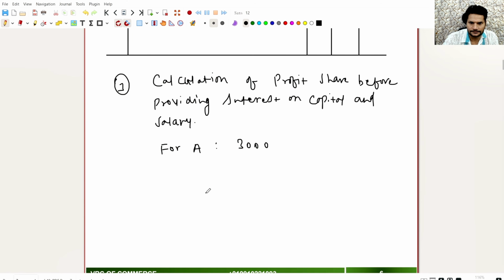So 3 lakh into 3/5, what will be the value? That will be 180,000. And for B, 3 lakh into 2/5, and that will be 120,000.